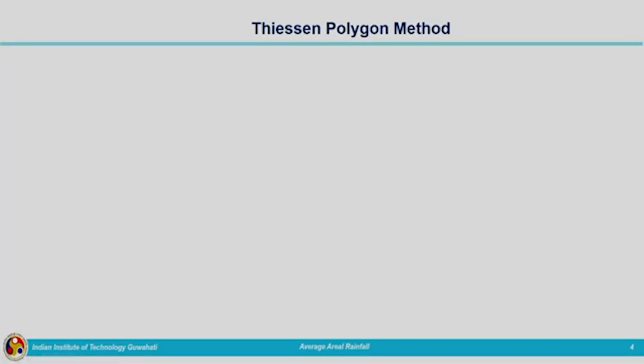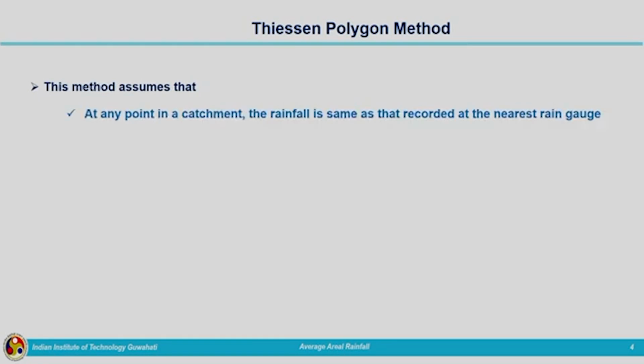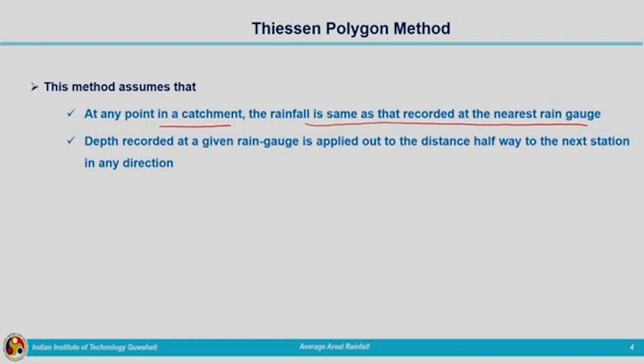Second method is the Thiessen polygon method. Let us see how this method is different from the first one, the arithmetic average method. In this method, we assume that at any point in a catchment the rainfall is the same as that recorded at the nearest rain gauge. That is, the depth recorded at a rain gauge is applied out to the distance halfway to the next station in any direction.